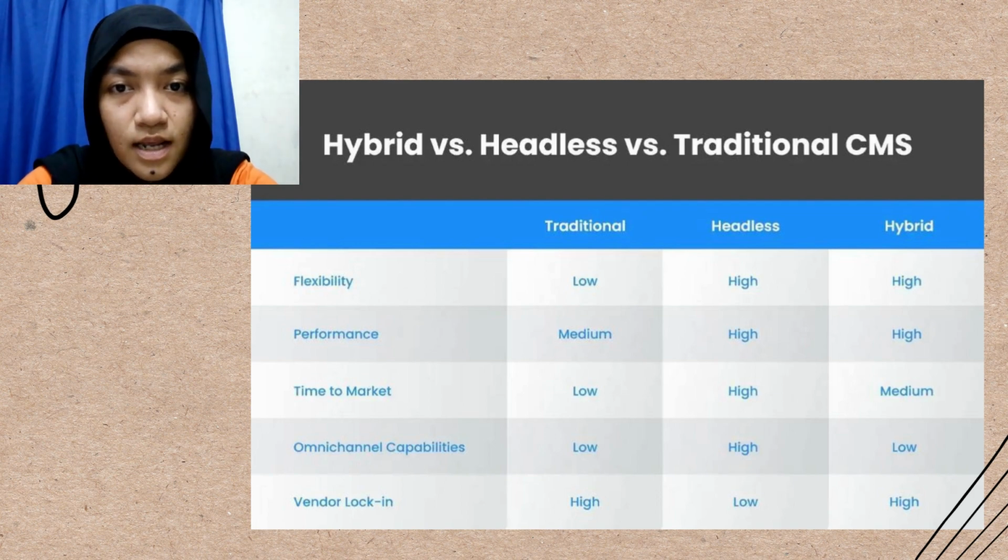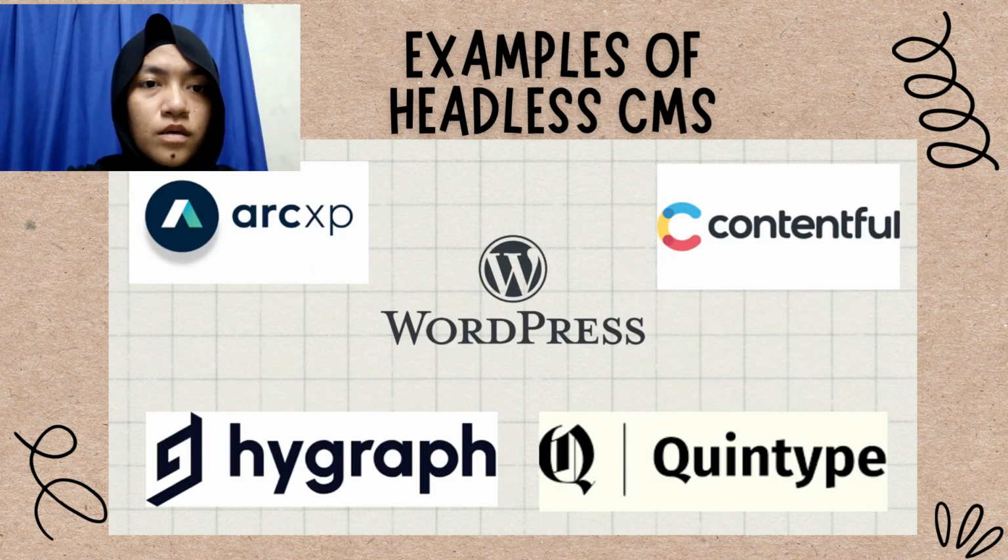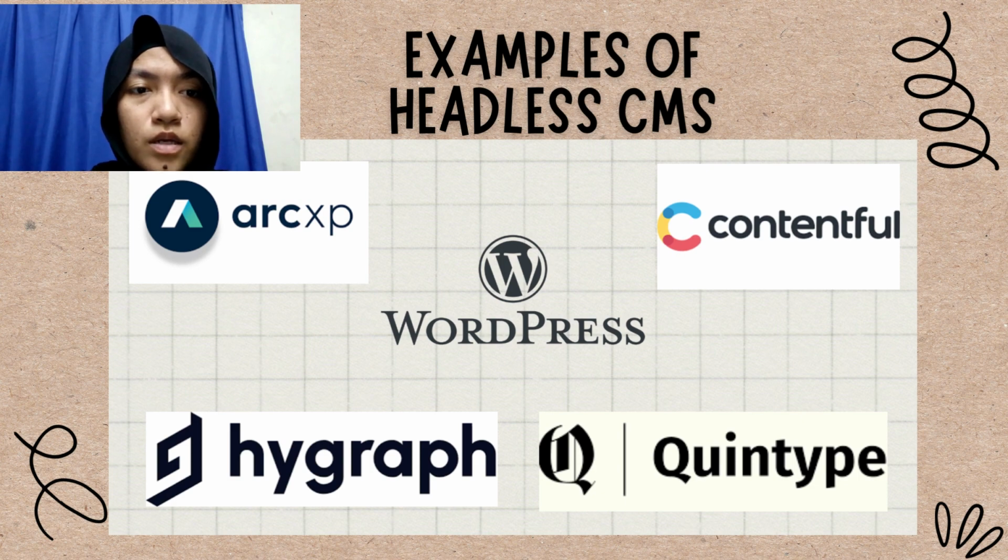Next, examples of traditional CMS are WordPress, Finex, and Drupal. Next, examples of headless CMS: first, we have ARCXP, then WordPress, Contentful, Hypergraph, and Quintype.